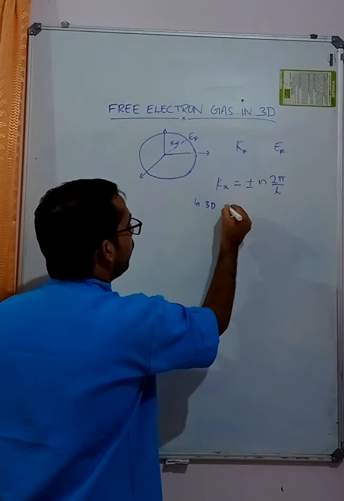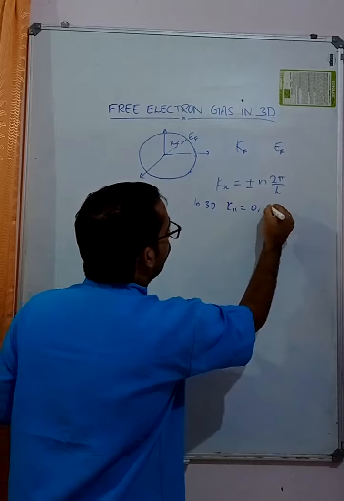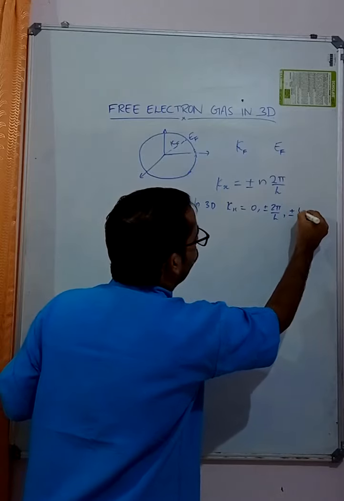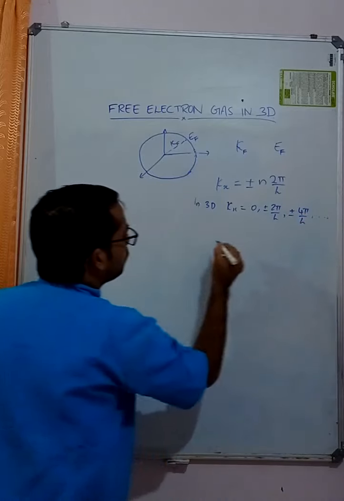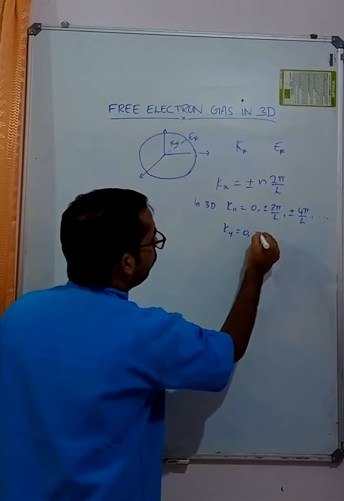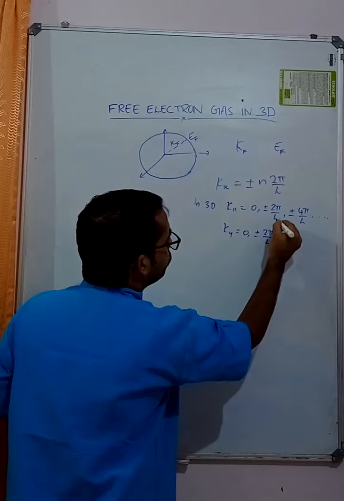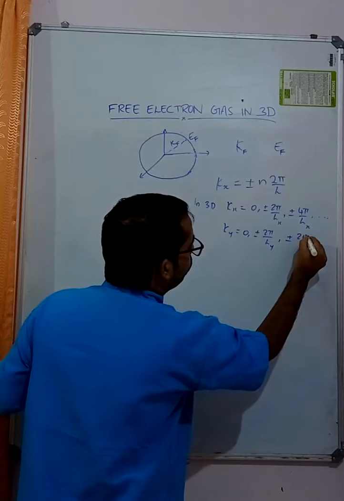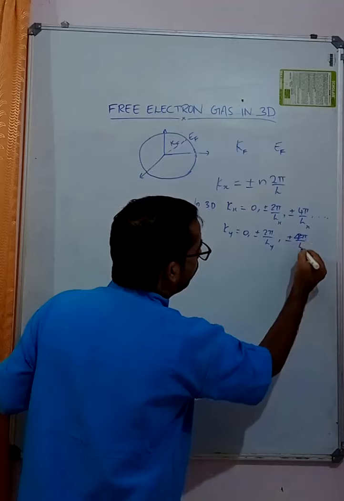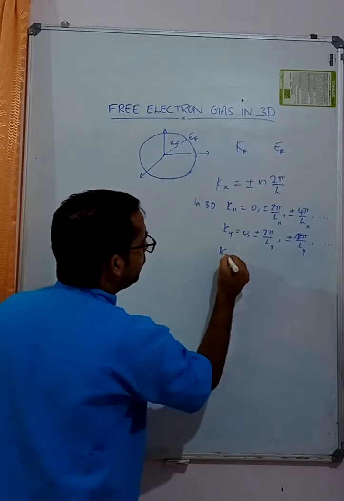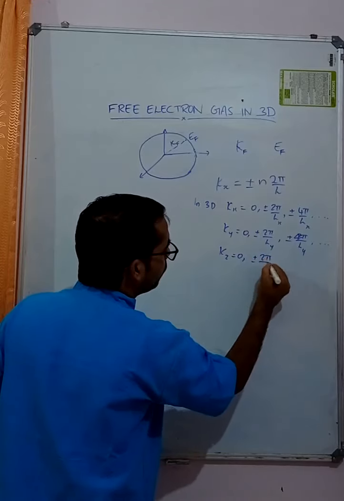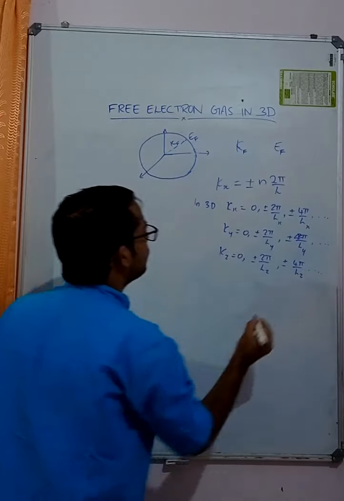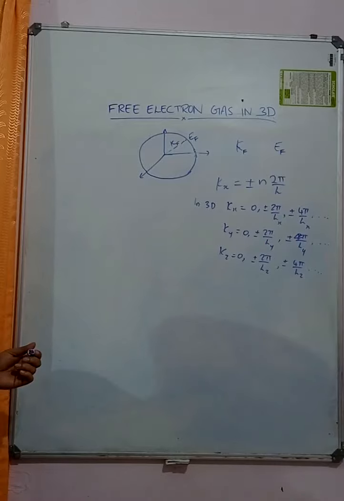In 3D, the values of kx are 0, plus or minus 2 pi by L, plus or minus 4 pi by L, etc. Similarly, ky is 0, plus or minus 2 pi by L. Along the x direction is Lx and along the y direction is Ly, plus or minus 2 pi by, sorry, this is 4 pi by Ly, etc. And kz is 0, plus or minus 2 pi by Lz, plus or minus 4 pi by Lz, etc. So these are the values of kx possible according to the boundary conditions.